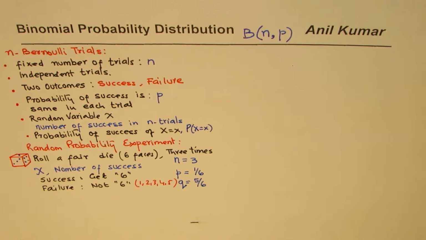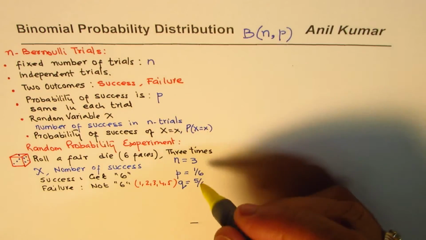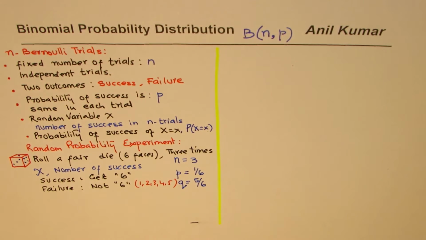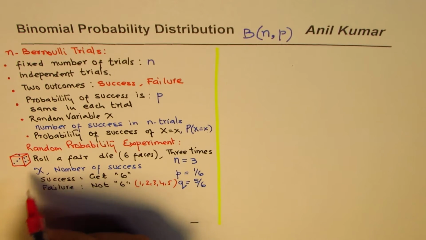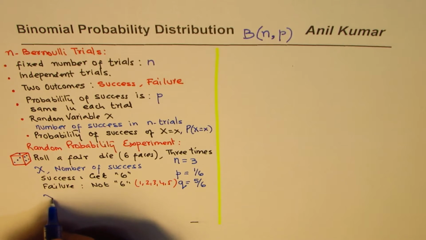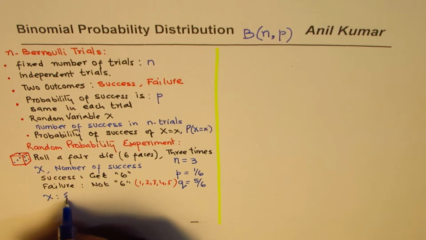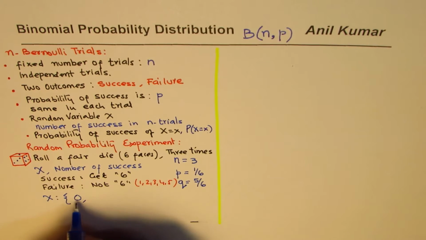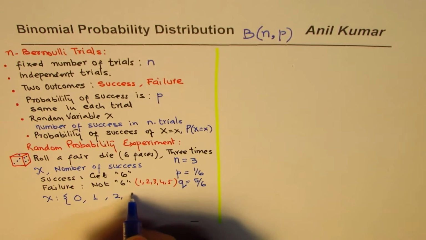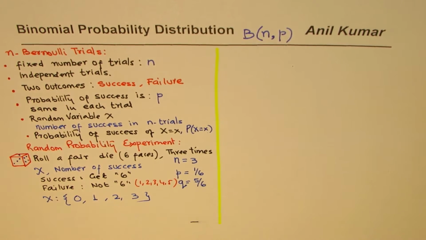Now, we will see what is the probability of getting 0 success, 1 success, 2 success, or 3 success. The number of successes is x, so x can have either 0, that means no success at all, or 1, 2, or 3 successes.